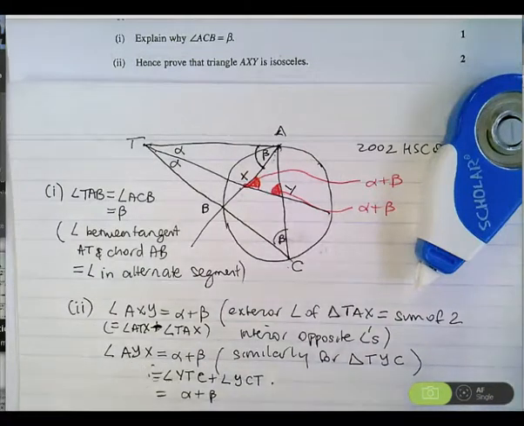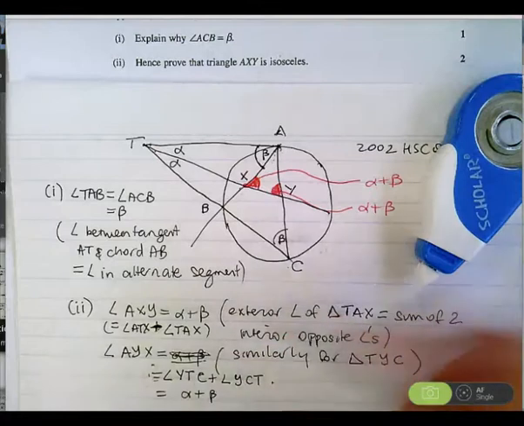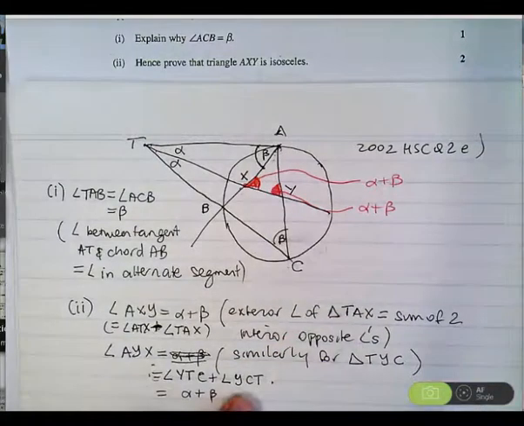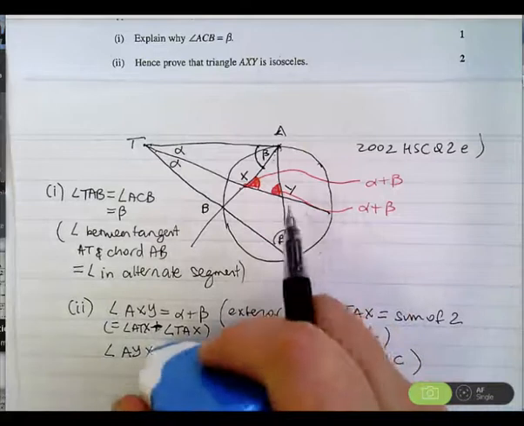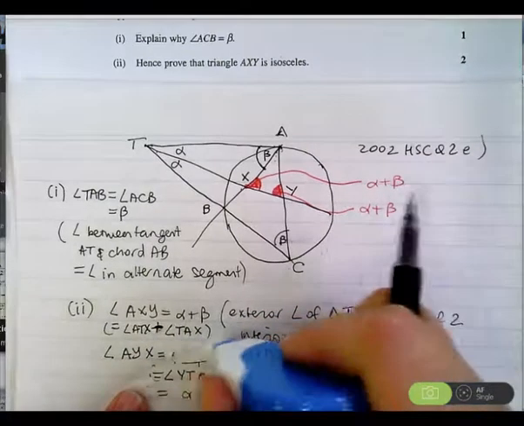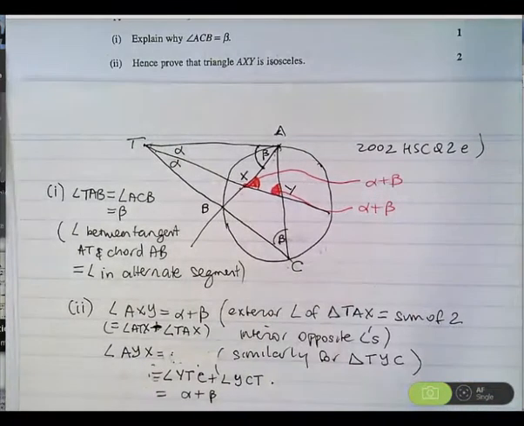And in here, don't put this alpha plus beta first. Put that it's angle YTC plus angle YCT, which is alpha plus beta. Oopsie, bit messy. And again, similarly, the same reason.